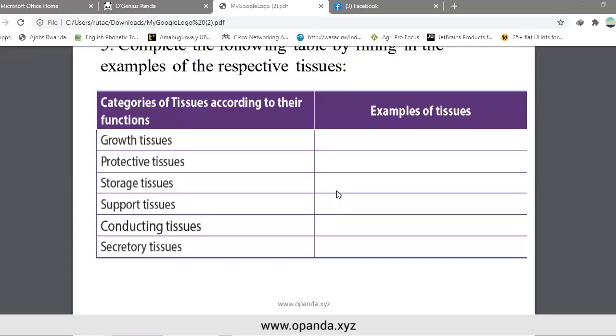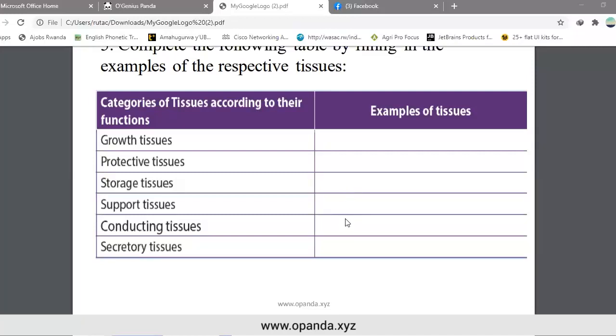You talk, I don't hear you. For storage tissues, Aline. Thank you. On storage tissues, I can put there parenchyma. Very good, parenchyma.